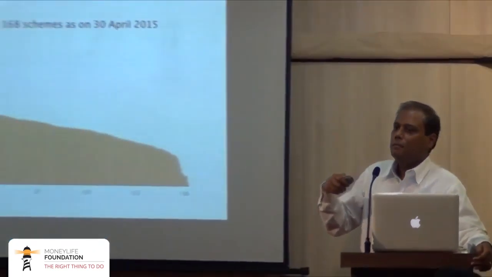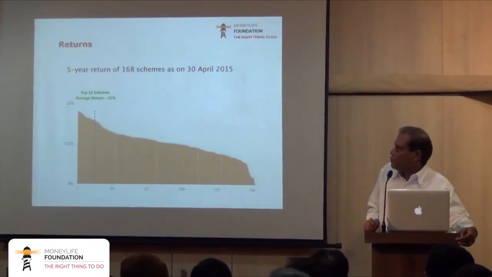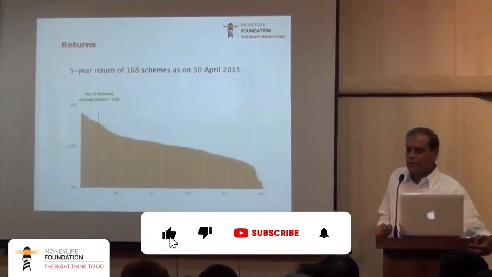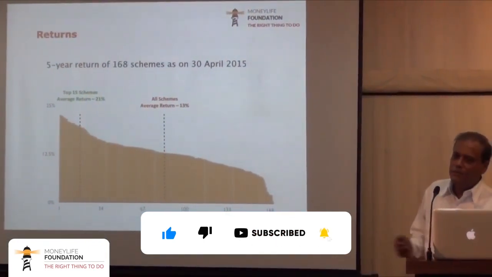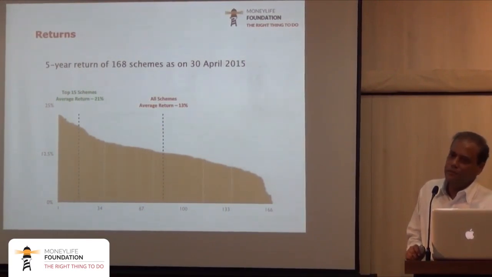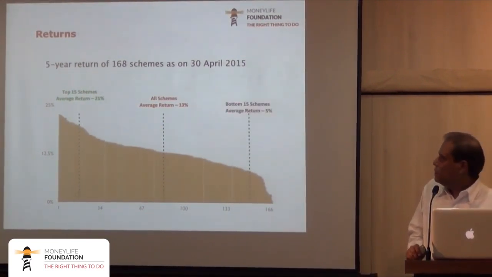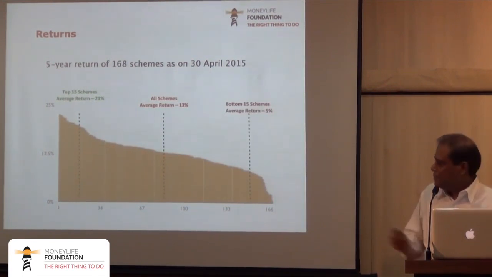This is a real life story of what can actually happen, not this fund or that fund, but across the board. Top 15 schemes gave you a return of 21%. All the schemes on an average, immediately the return drops to only 13%. The average of all the schemes. Bottom 15 schemes minus 5%. Same period.